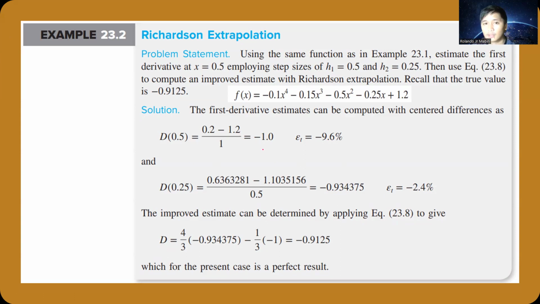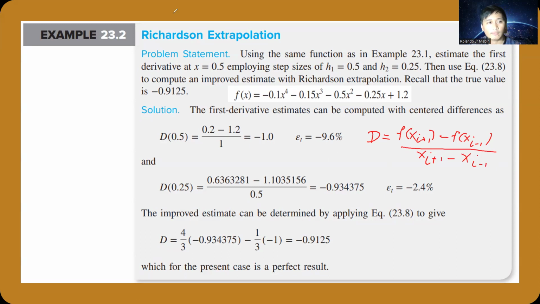Since this is a center difference, the value is just the function of x sub i plus 1 minus the function of x sub i minus 1, over x sub i plus 1 minus x sub i minus 1.